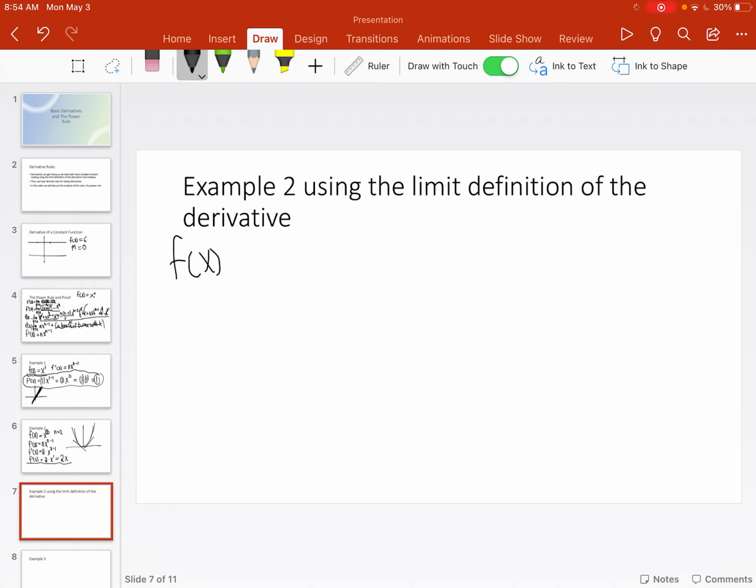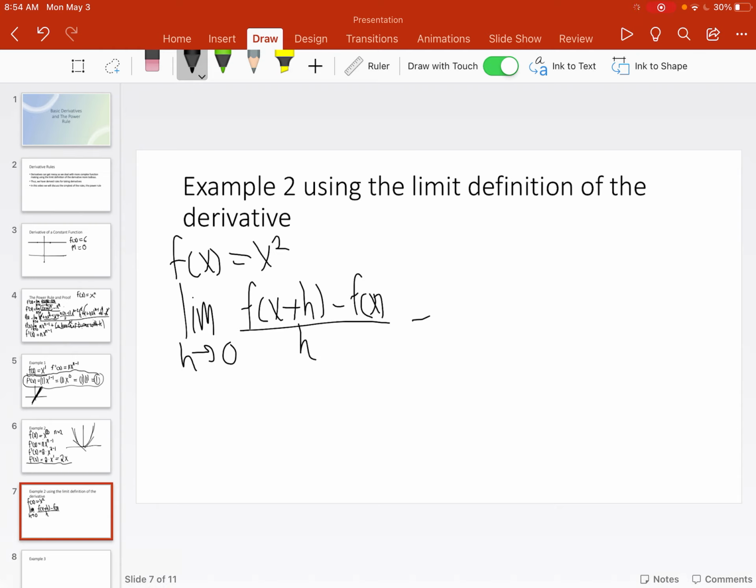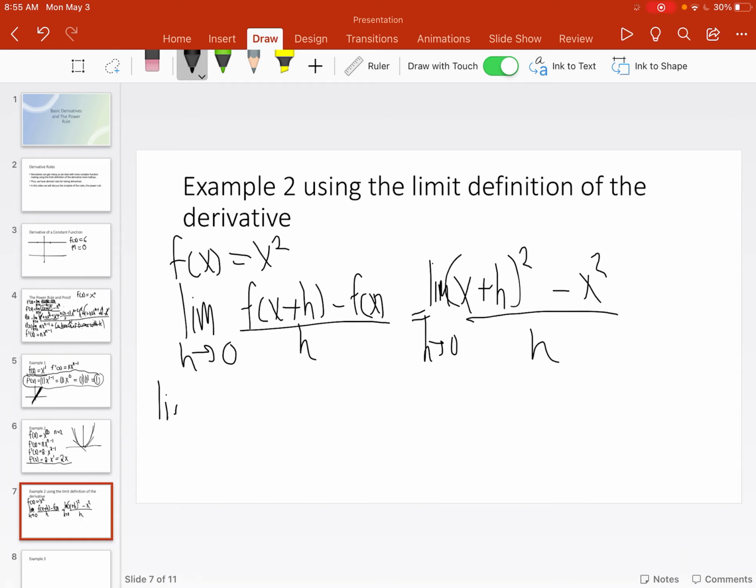Using the limit definition of the derivative, let's see. F of x is equal to x squared. Let's use the limit definition: the limit as h approaches 0 of f of x plus h minus f of x all over h. Remember, our f of x plus h is x plus h squared, minus x squared, all over h.